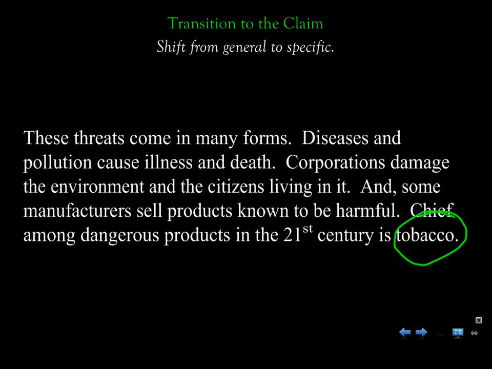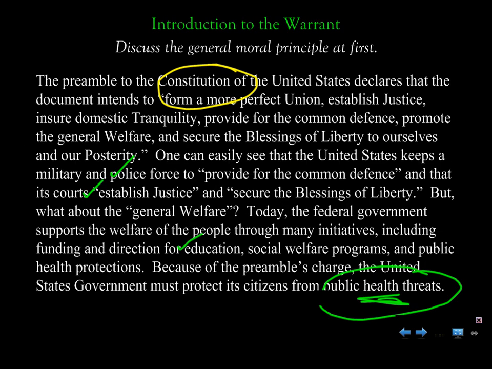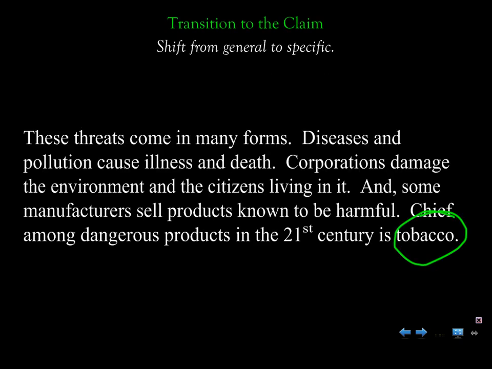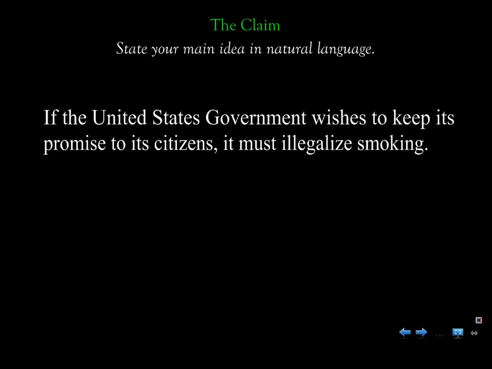I want to go over it really quickly again. I'm introducing the warrant, the general idea, without talking about my specific point. Then I make a transition from my general to my specific, and at the end I state my resolution. And now I've introduced this resolution, and you should understand very clearly why I support what I support, because I've already done half the work of arguing before it even hits.